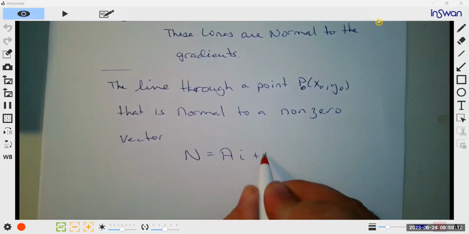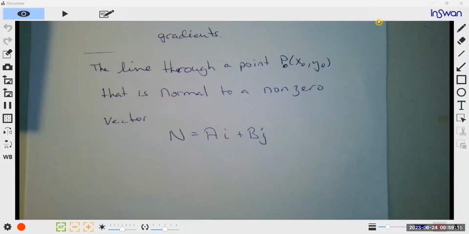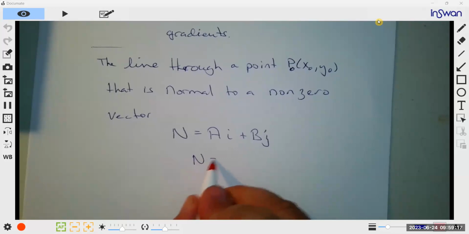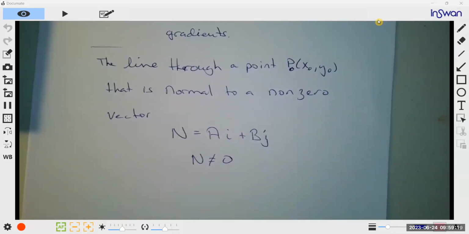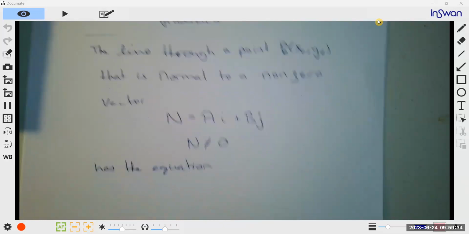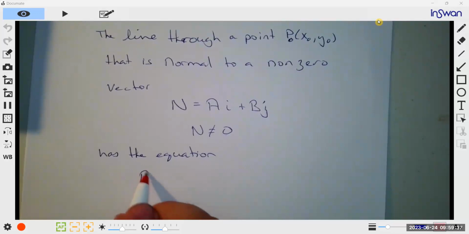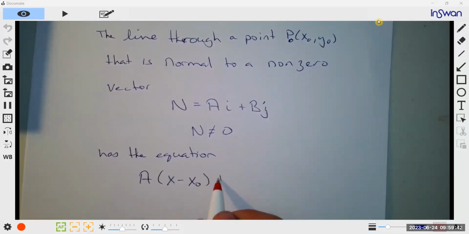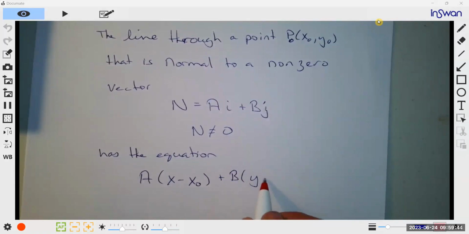It has the equation a(x minus x sub 0) plus b(y minus y sub 0) equals 0.